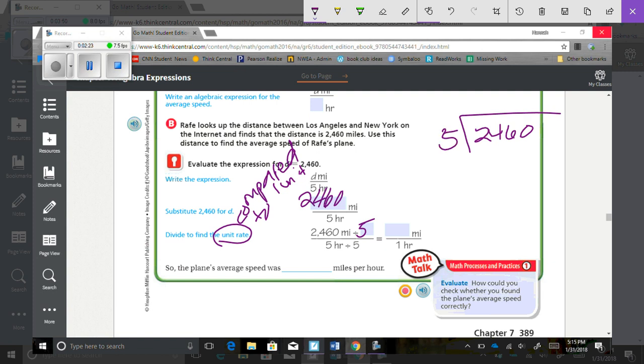Divided by 5, we're going to look at that. 5 goes into 24 4 times, which is 20.